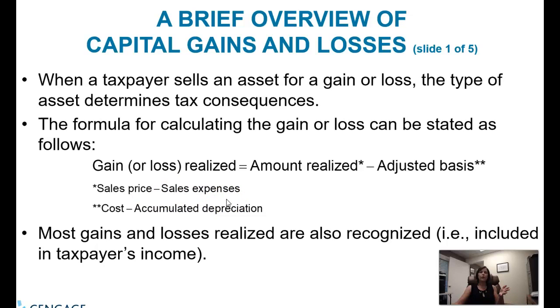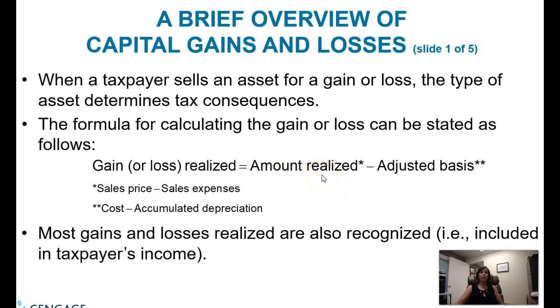But if this is your standard, I'm selling you something, then the amount realized is $2,000 in my little example, minus the adjusted basis. So the adjusted basis is going to be the cost minus any accumulated depreciation. So what we paid for it and then we're going to deduct any depreciation that we took along the way.